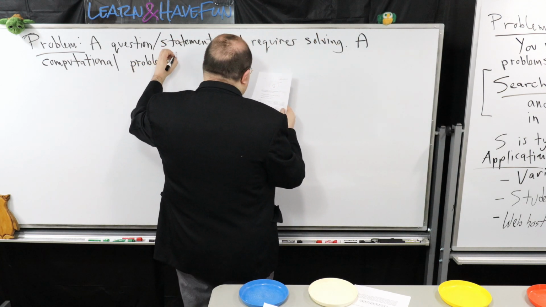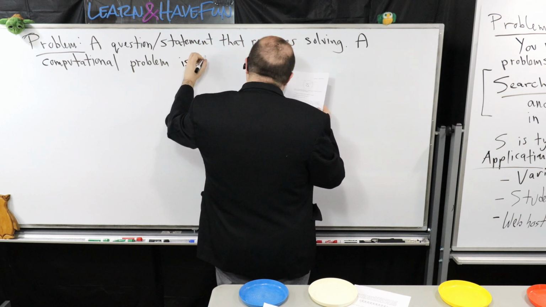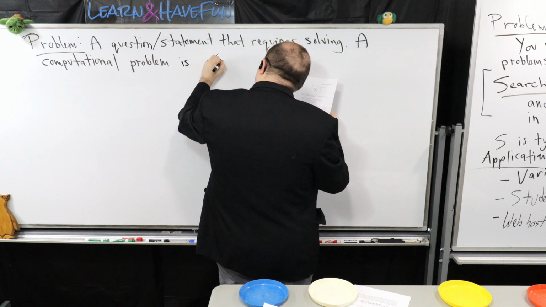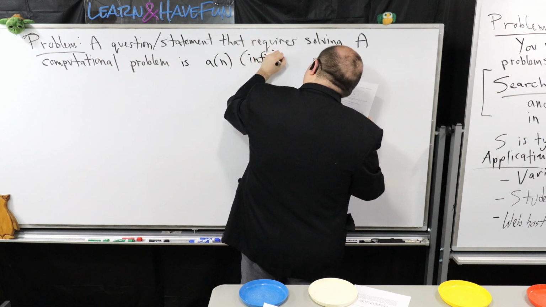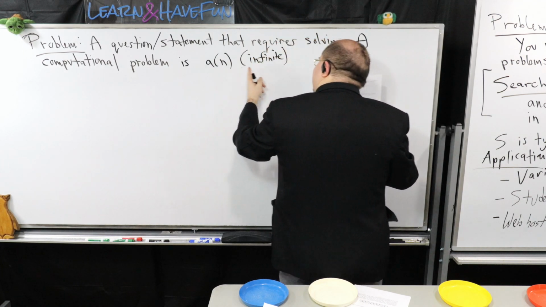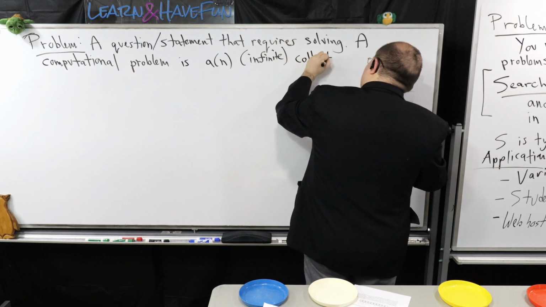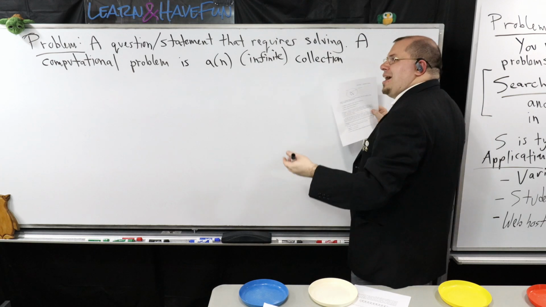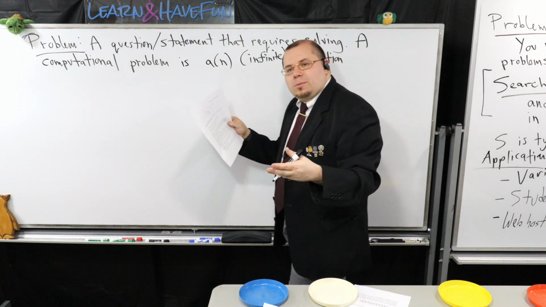A computational problem, at least the ones that are interesting for us, is an infinite collection. But if you don't want the infinite part, it's just a collection. It can be finite or infinite, but for the problems we're interested in, normally it's infinite.